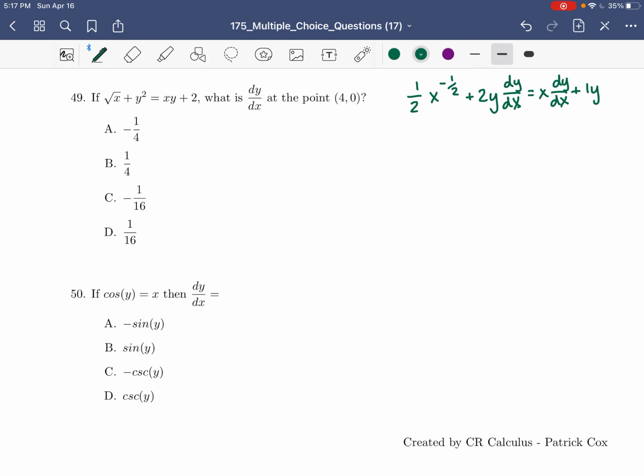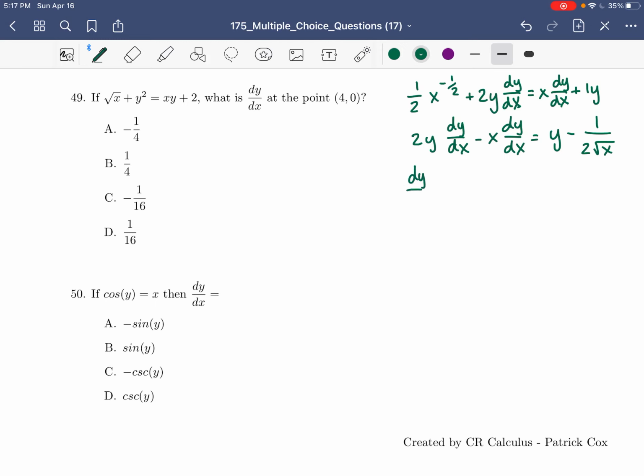So next I want to get all of my dy dx's to one side, everything else to the other side. So I have 2y dy dx minus x dy dx equals y minus, I'm going to change that to 1/2 root x.